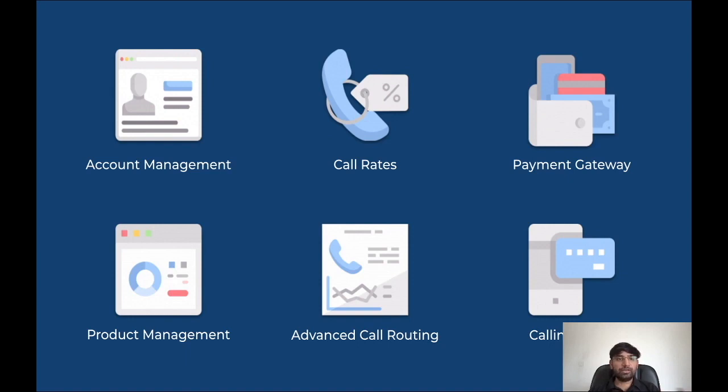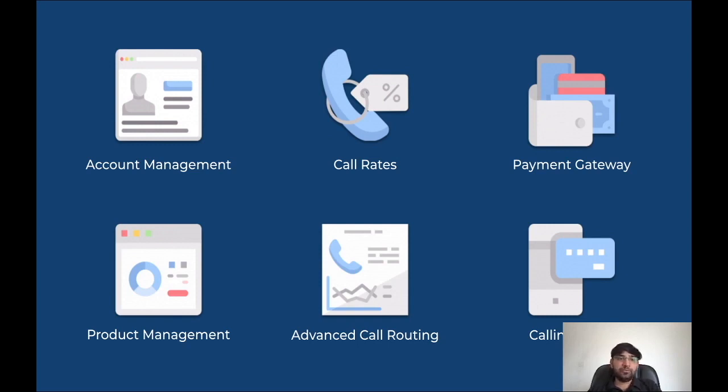In account management, ASTPP has multiple entities in the system: customers, resellers, the admin, then sub-admin. And of course, you can manage all those entities with roles and permissions. So we have roles and permission management for resellers as well as for admin.